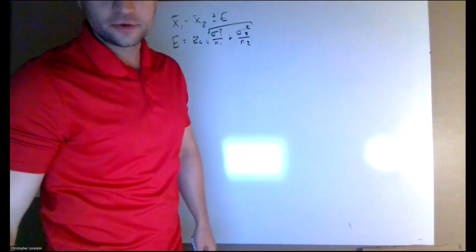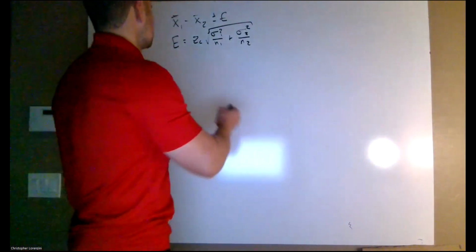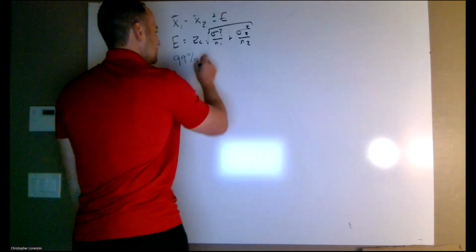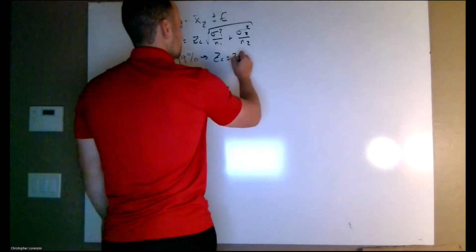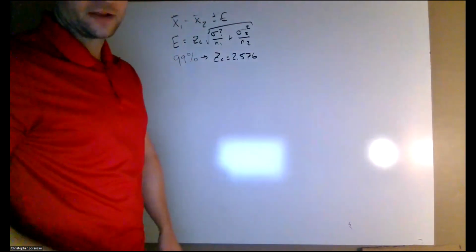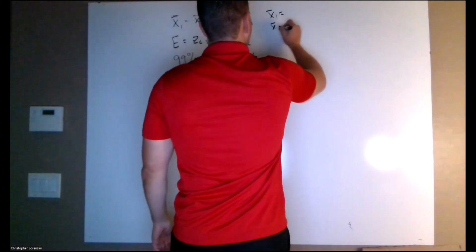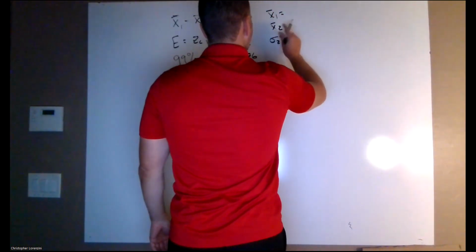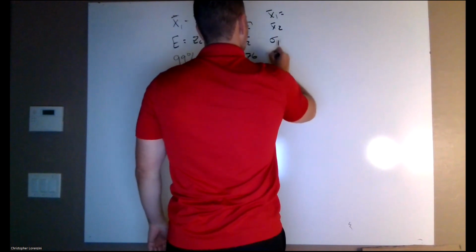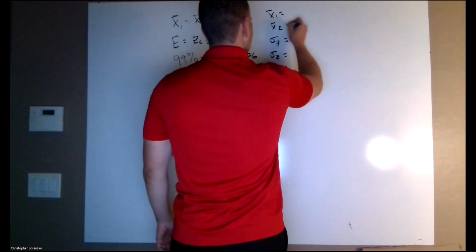And so what I'm going to do is figure out what this confidence interval is. The key thing we know is that we want to construct a 99% confidence interval. So my critical z-value is going to be 2.576. I have x1 bar, x2 bar, I've got sigma 1 and sigma 2, and I have n1 and n2.